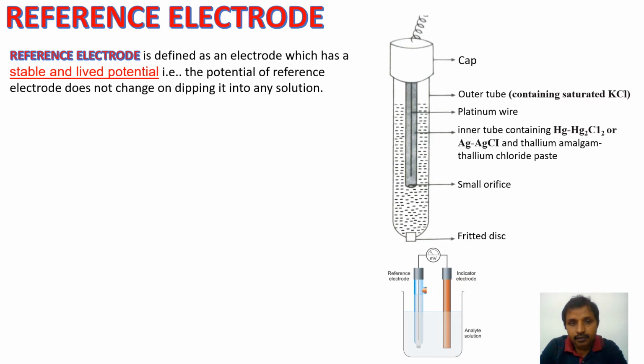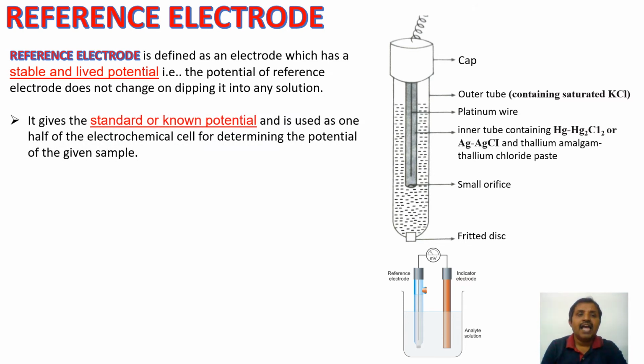Now, it gives a standard and known potential. It is used as one half of the electrochemical cell, in which one part is the indicator electrode with unknown potential and another part is the reference electrode with known potential.